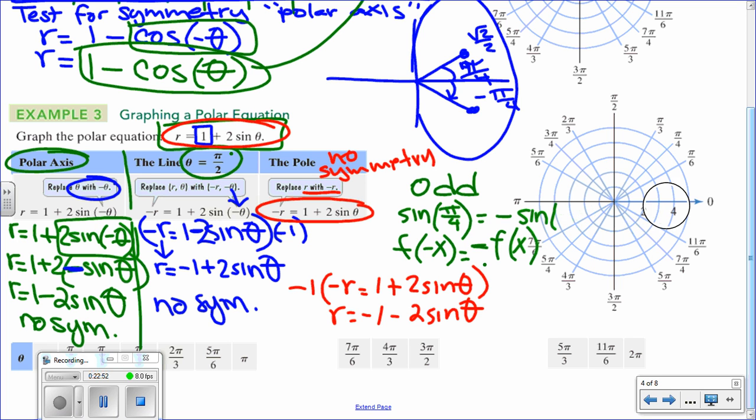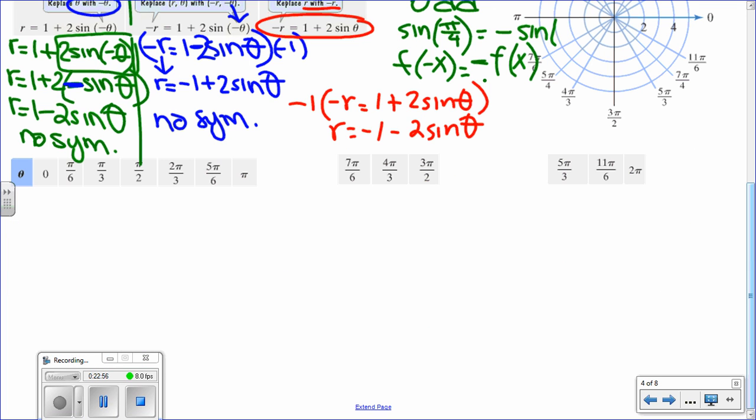Now I'm going to give you the coordinates of the points so that you guys can graph it. 1, 2, 2.73.